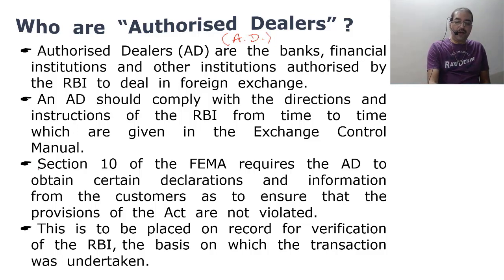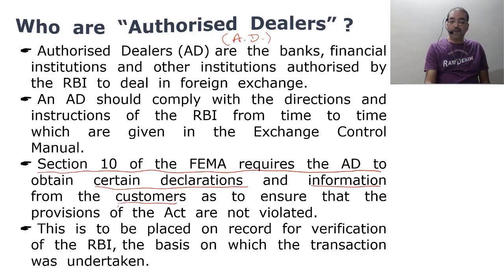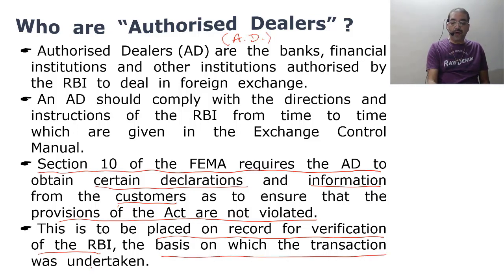So section 10 of FEMA requires the AD to obtain certain declarations and information from the customers so as to ensure that the provisions of the act are not violated. They are to be placed on record for verification of the RBI, the basis on which the transaction was undertaken. Why was the transaction undertaken? Why was the foreign currency purchased?